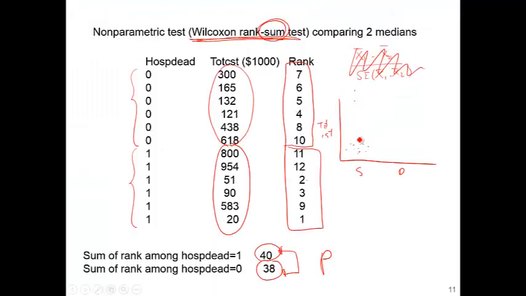Similarly here, you have 1 or 2 or 3 outliers. If you rank from lowest to highest, this would be number 1, and this could be, let's say, 150th.